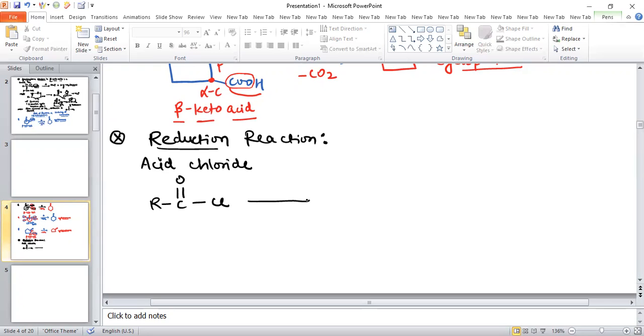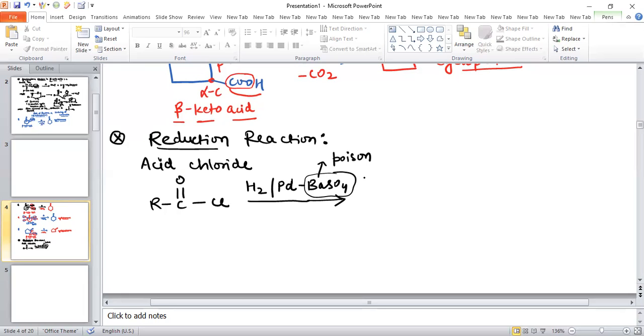And when acid chloride reacts in presence of hydrogen and palladium and barium sulfate, the barium sulfate is added just for poison purpose. So it acts as poison in this reaction.